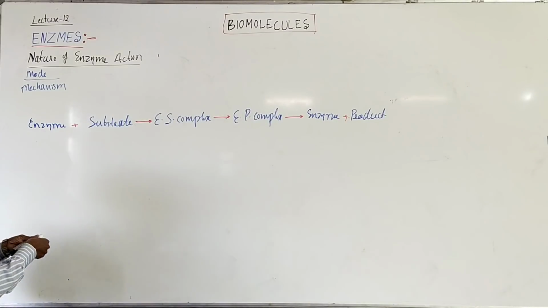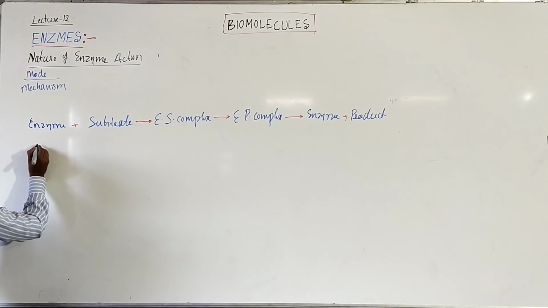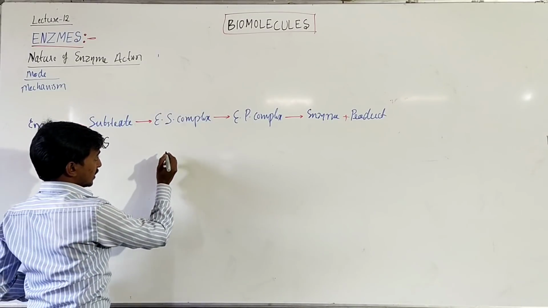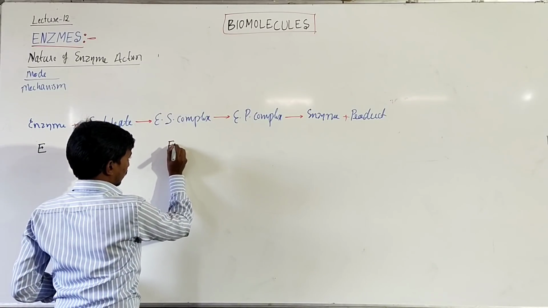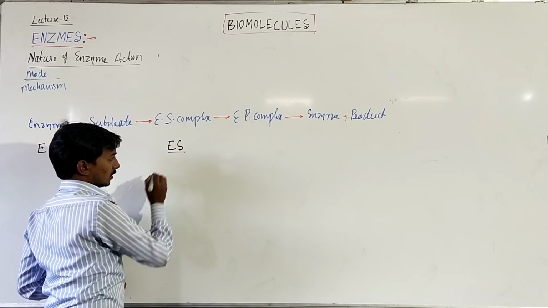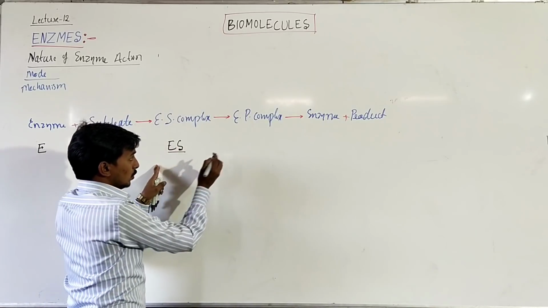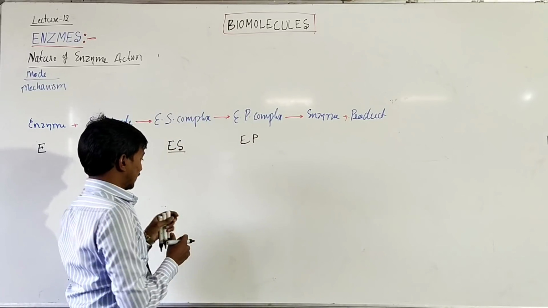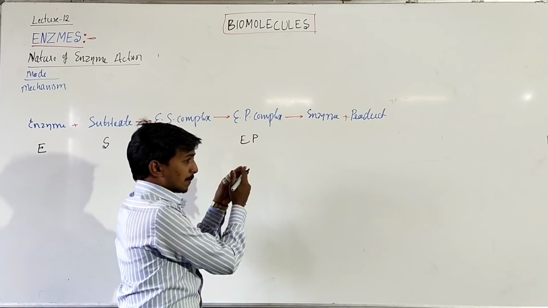Okay, so enzyme plus substrate will form enzyme substrate complex. Then this converts into enzyme product complex. Lastly, this will be separated from each other.